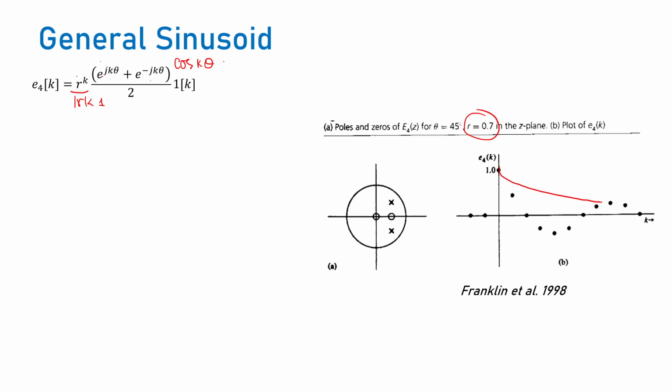The amplitude decays like this. So here you will have even smaller oscillation, right? Because the amplitude decays. The red one is r to the k.